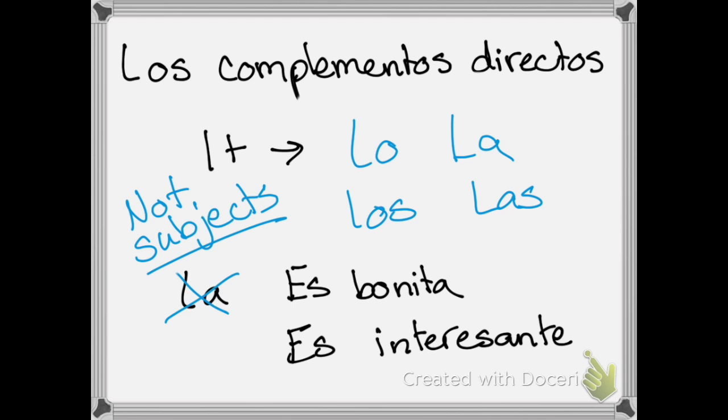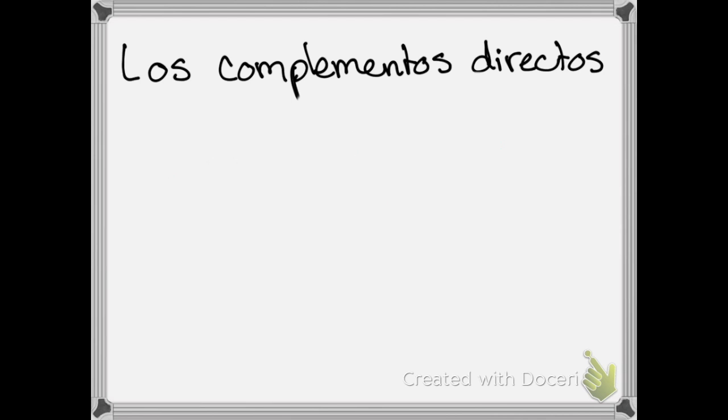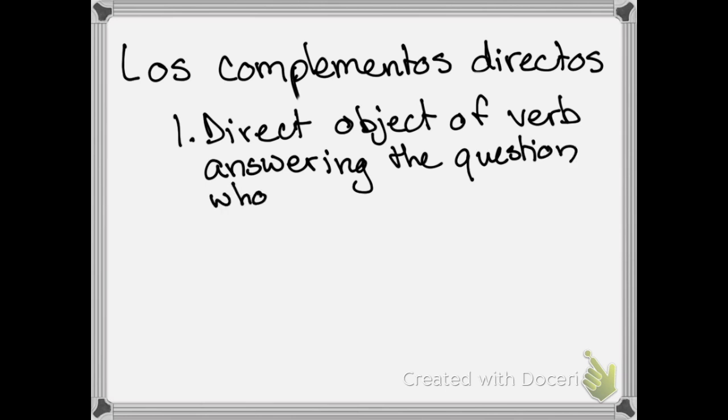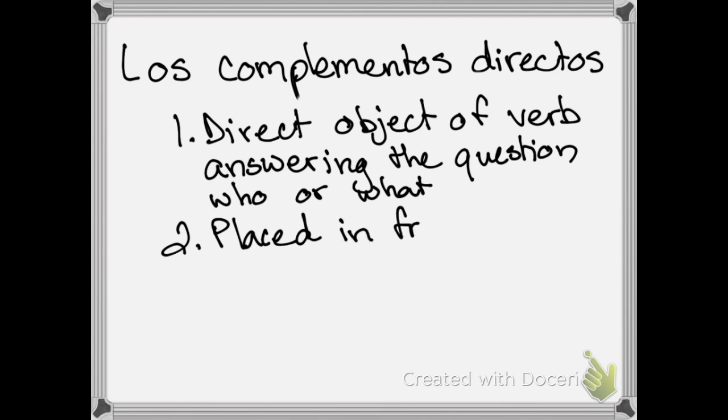Okay, so to recap quickly, direct objects are the object of the verb. They answer the question who or what with my verb. Direct object of the verb answering the question who or what. Direct objects are placed in front of a conjugated verb.